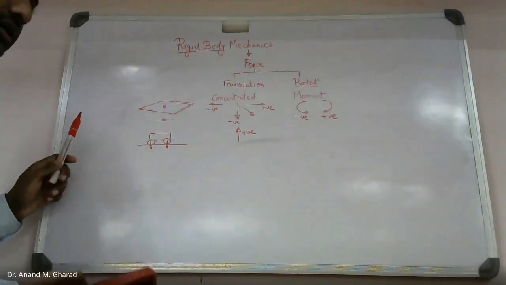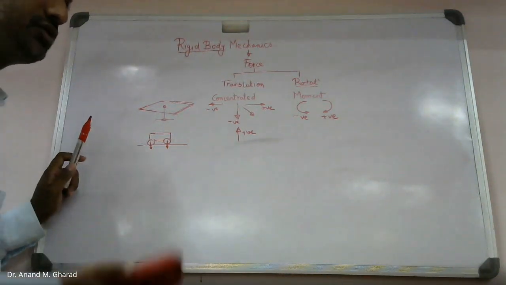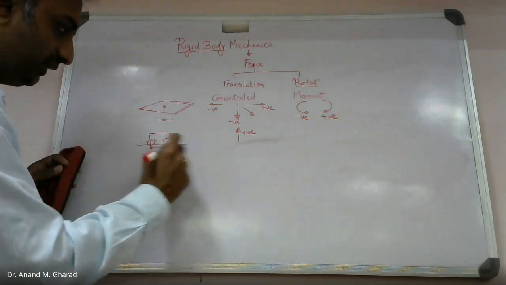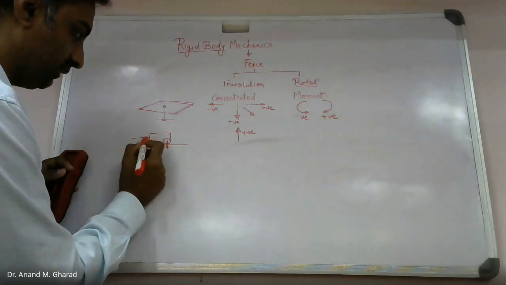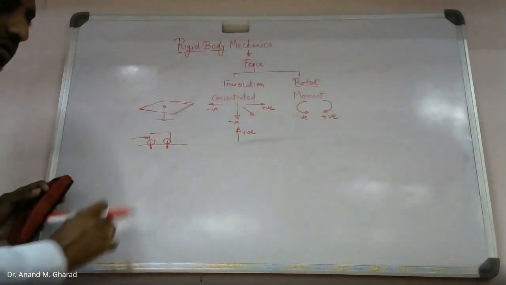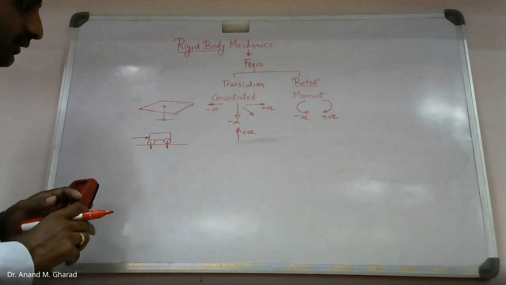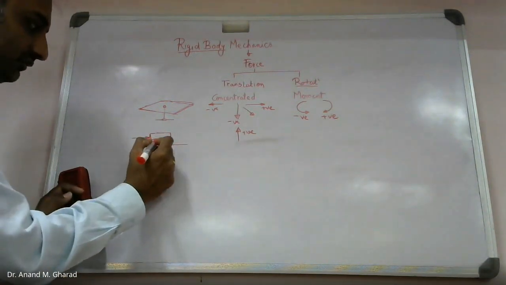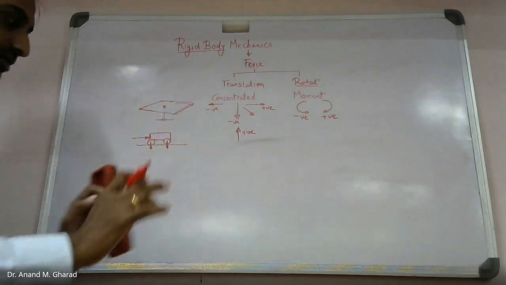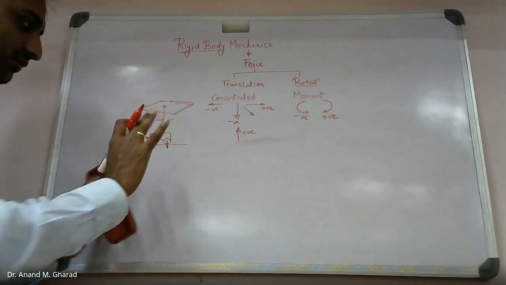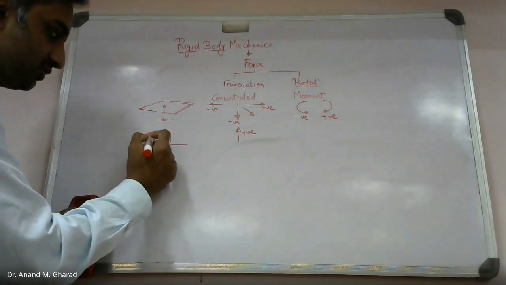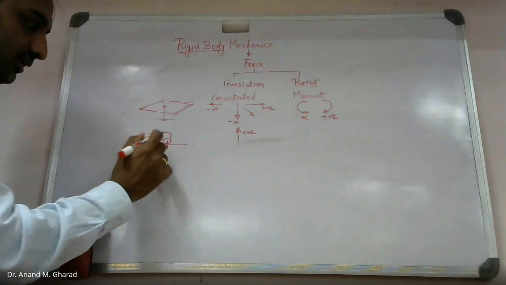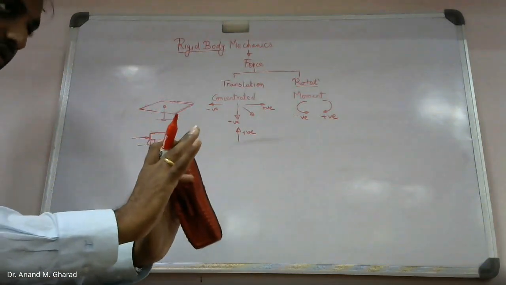And there are some external forces which compel the rigid body to move in one line. So we can also assume that force to be a concentrated force, right? If you apply a push to this vehicle with your hand, in comparison to the surface of this vehicle, the contact area of your hand is less.